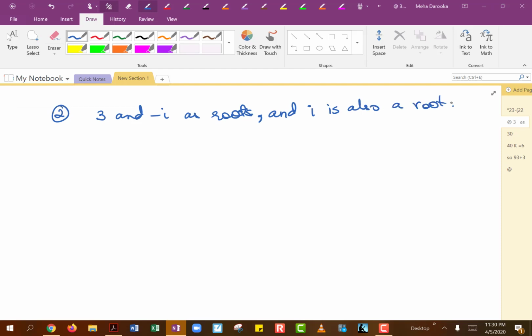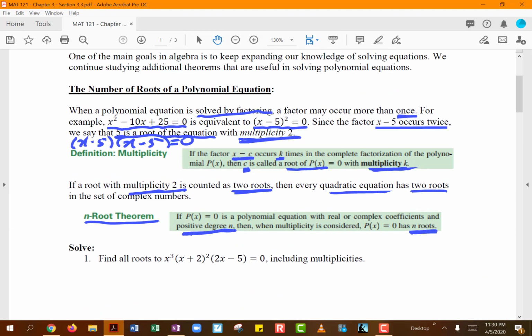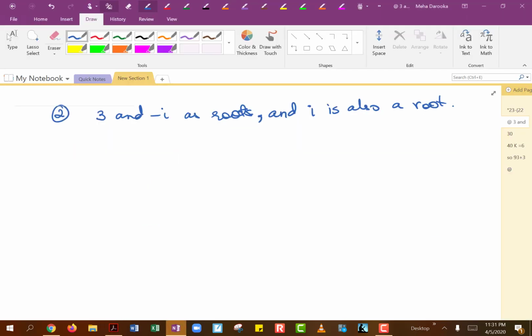Okay, so what we're actually going to do to find our polynomial equation is take each one of these roots and write them down as factors. So remember, let me go back to our notes. So you can see here when we were talking about multiplicity, they said c would be our root if x minus c was our factor. So we're actually going to use that idea here.